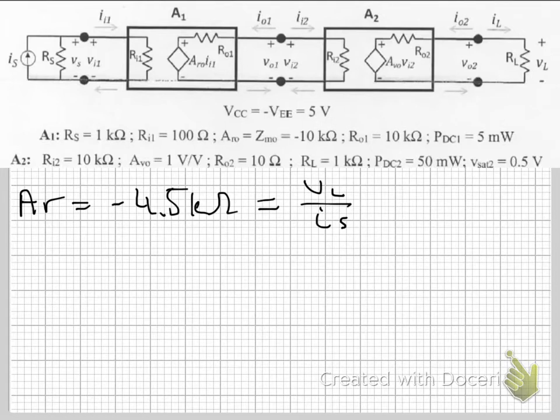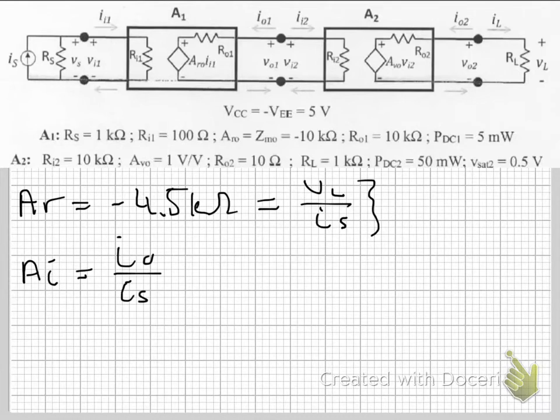Now, as soon as you have one gain, it is quite easy to find the other gains by relating each of the gains via this formula. Your current gain is output current over input current.